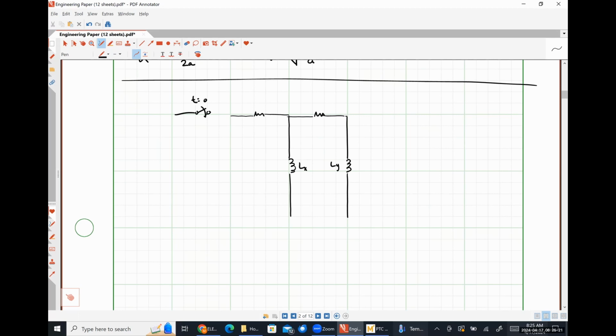Just because I don't want to make this aggressively difficult. What I was thinking about doing, let's make it aggressively difficult. Why not? R1, R2, R3.